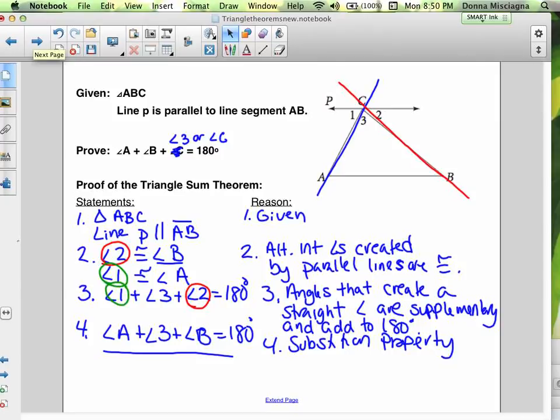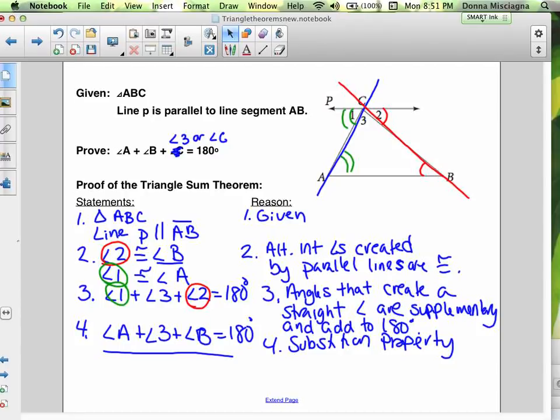And you should put these lines in your notes as well, so that when you're looking at your notes, and maybe somebody asks you to be able to explain this proof, you'll be able to do it, because you'll remember how we did it, that we had a parallel line and our alternate interior angles are congruent, and then by substituting those angles that they're equal to that are outside the triangle with angles that are inside the triangle, we now have the statement that the interior angles of our triangle add to 180.